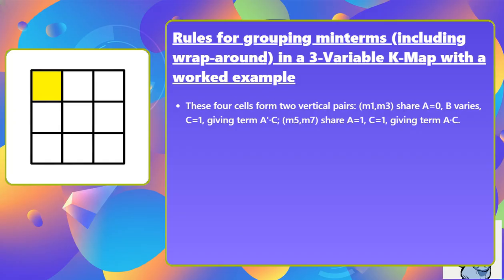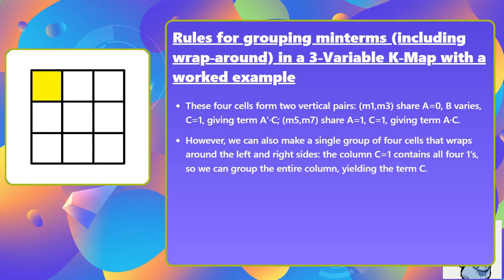M1 and M3 share a equals 0, C equals 1, giving term a prime C, and M5 and M7 share a equals 1, C equals 1, giving term a C. However, we can also make a single group of 4 cells. The column C equals 1 contains all 4 ones, so we can group the entire column, yielding the term C. This larger group reduces the expression to the minimal sum of products, F equals C.